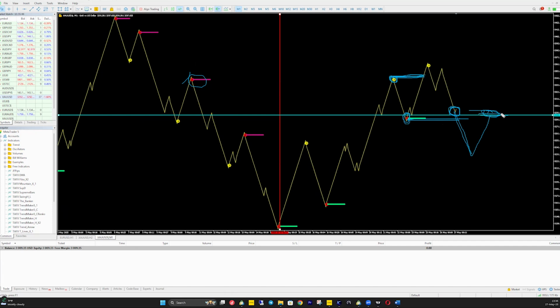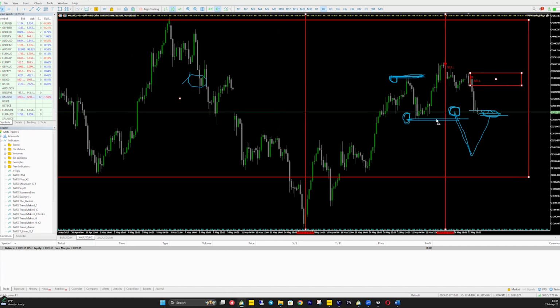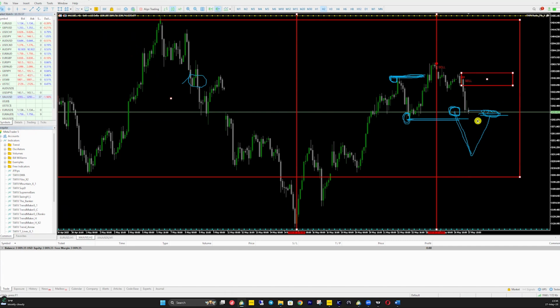Why will we sell this market? Because if we go to this point, we can see we have a sell order block. So if this market drops to this point to break this area, because it will break this area, then it tells us there is a change of character in the middle of this, and again we can rely on the sell.